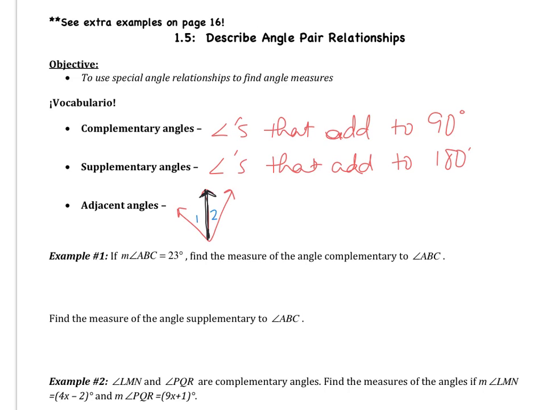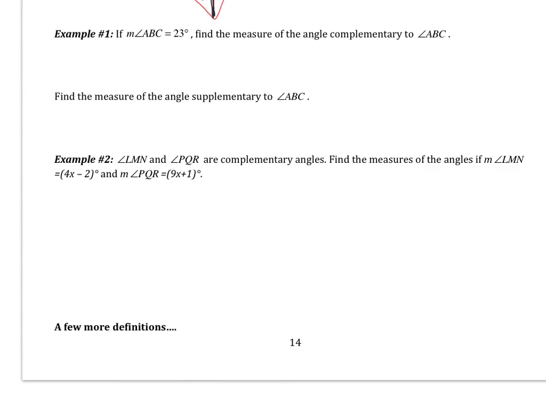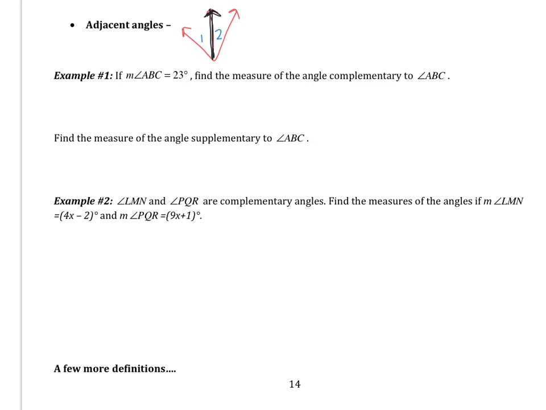So then in example 1, they tell us that ABC is 23 degrees. What is its complement? How about Ashley? What is the complement to 23 degrees? 67. Explain to her how you got that.